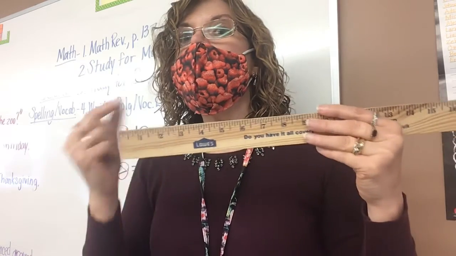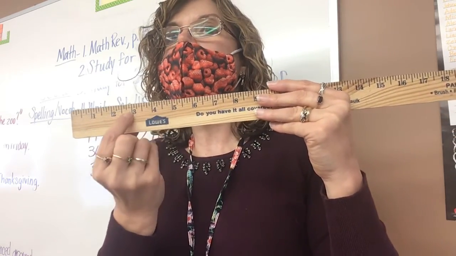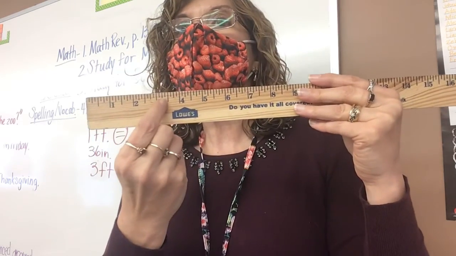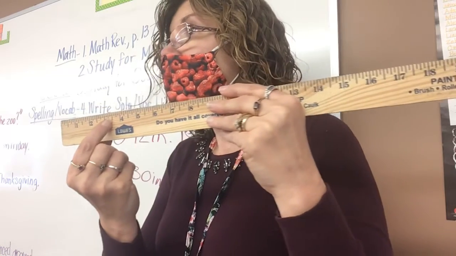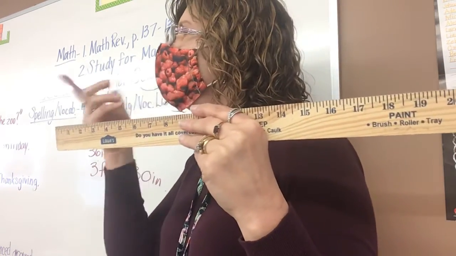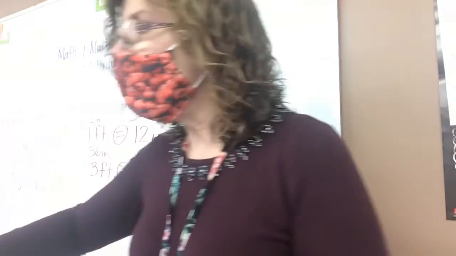Right? Sometimes when you measure, you're going to come in between two numbers. Like it won't be on the 3 and it won't be on the 4. It's going to be in between, right in the middle. So if it's halfway in between, what do you think you're going to have to put? Paige? Half. Very good.